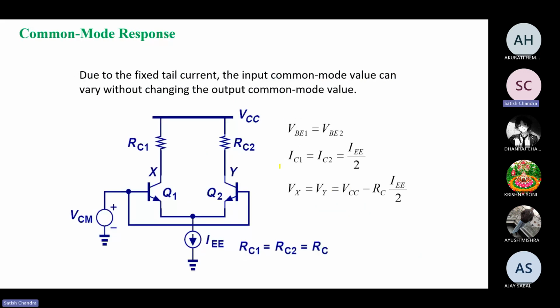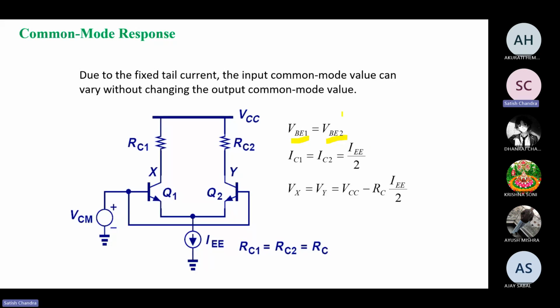Since we are saying continuously that Q1 and Q2 are to be matched, it means VBE1 and VBE2 should be the same. Since we have taken this IEE along this one, the collector current across both the BJTs will also be the same, and that is nothing but IEE by 2.